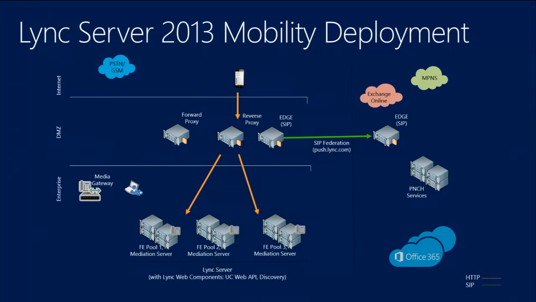It's not a SIP-based client in the sense that the Lync desktop client is. So all of its communication is going to ride through this reverse proxy. It can land here on pool 1, and pool 1 could potentially redirect that user to a different pool or server, depending on where that user is homed.